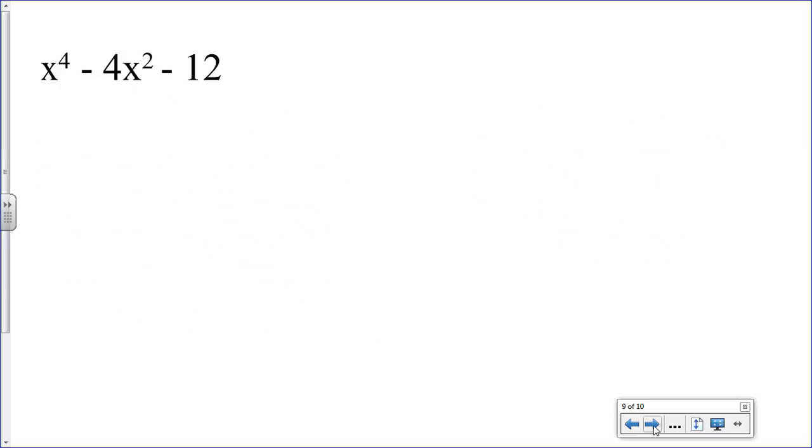Okay, let's look at this one. So this is another trinomial. Check for a common factor. Is there a common factor to take out? No. So it's not quadratic, but it follows a quadratic pattern.